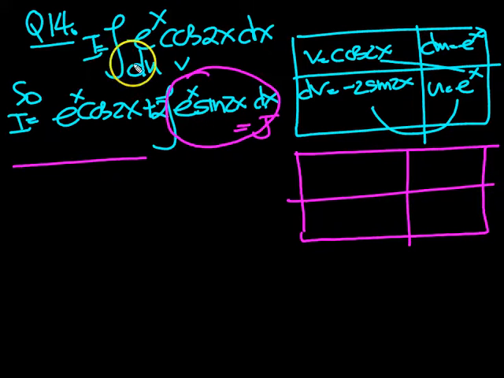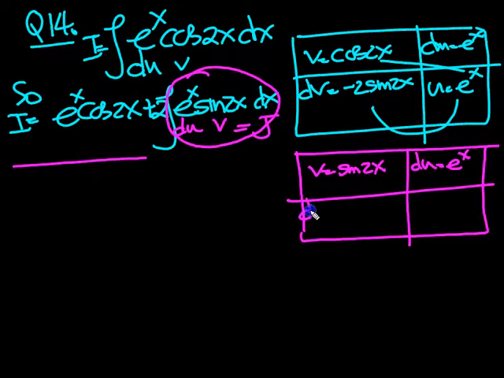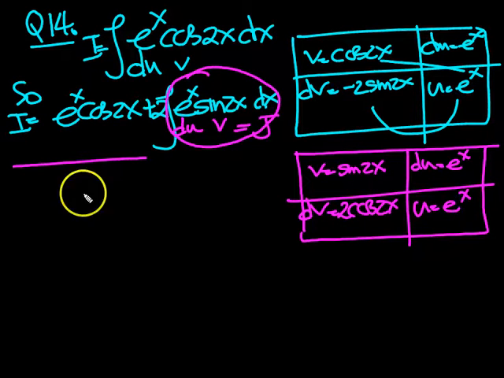So what have we got? We do the same as what we did before. So this would be v, and this is du. So v equals sine 2x then, and du is equal to e to the x. So dv will be sine goes to cos 2x, cos of the something multiplied by the something differentiated, which is 2. The integral of e to the x is e to the x.